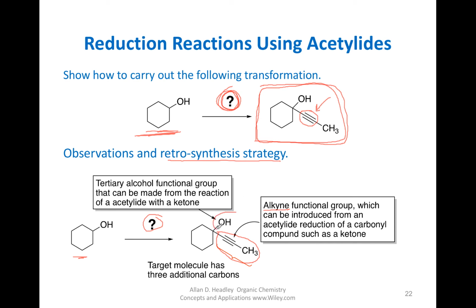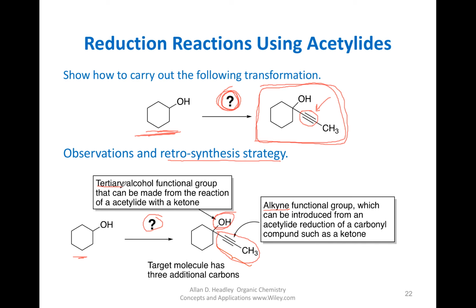We observe here an alcohol, a tertiary alcohol, and we know one way of making tertiary alcohols is from the reaction of a ketone with a good reducing agent that has carbons. So we need to put these pieces together.